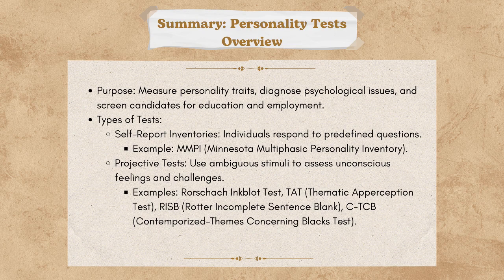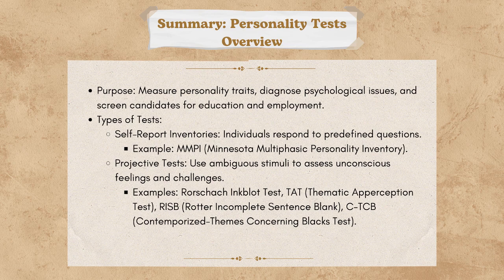Just to give a summary, personality tests are techniques designed to measure one's personality. They are used to diagnose psychological problems as well as to screen candidates for college and employment. There are two types of personality tests: self-report inventories and projective tests. The MMPI is one of the most common self-report inventories.